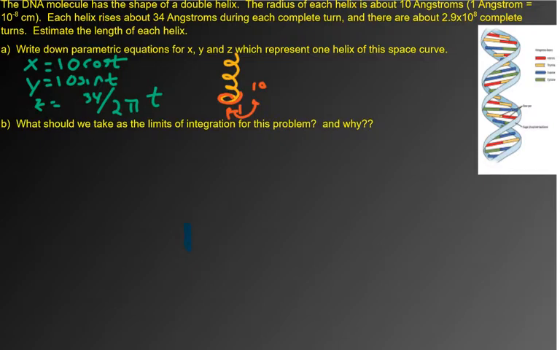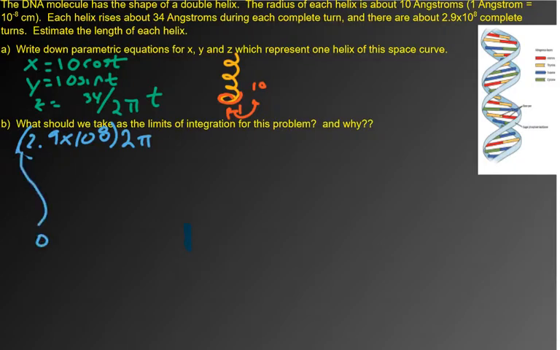So the limits of integration for this problem: we want to know how long each helix is, and if they are 2.9 times 10 to the 8th complete turns, then we can take an integral from 0 to 2.9 times 10 to the 8th complete turns, and complete turns in math classes are 2 pi, right? So this is basically my integral, which let me make a little bit better.